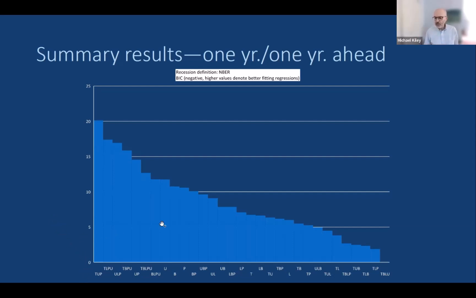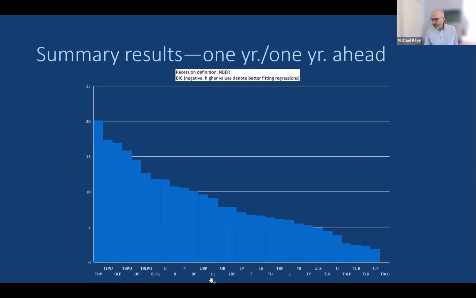Okay, so that's a summary just for the NBER recession indicator, looking across all of the possible indicators. And what one can see is that the term spread only model, which is in the middle of this chart, fits quite poorly. Term spread and bond premium, far to the right, doesn't fit very well.